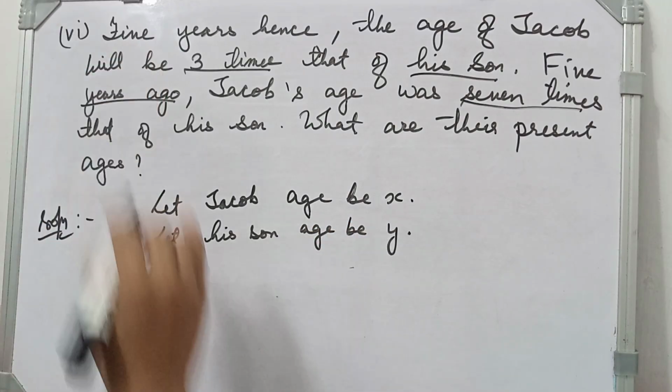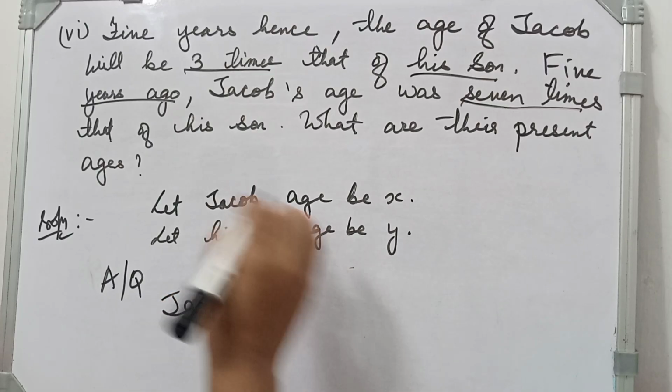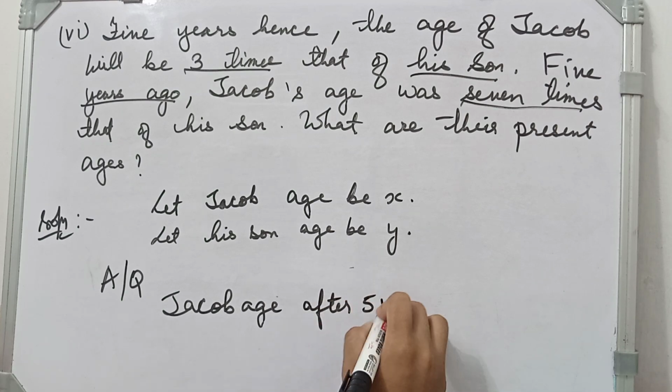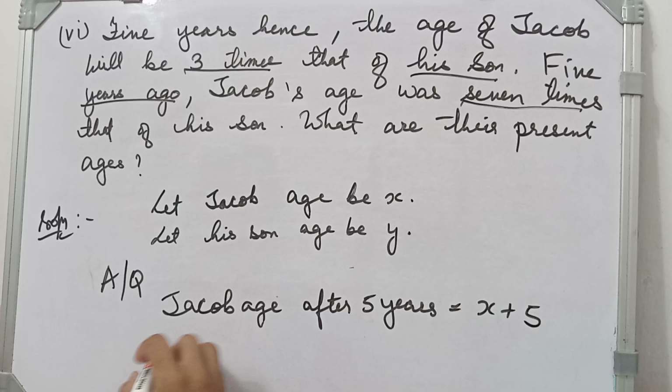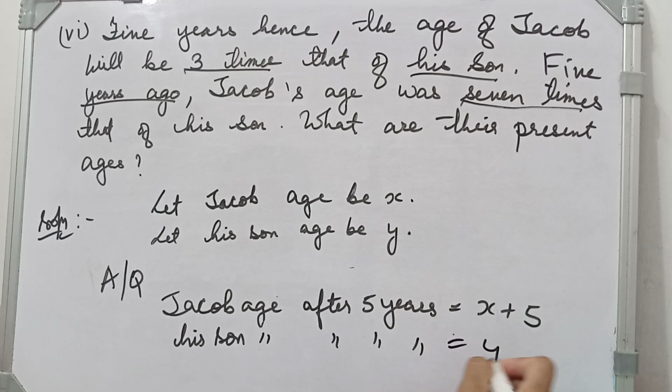According to the question, Jacob's age after 5 years will be x plus 5, and his son's age will be y plus 5.